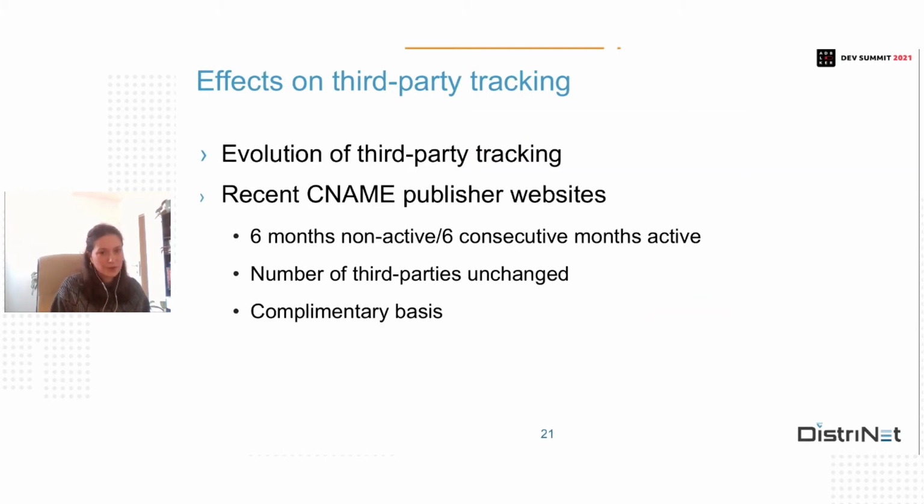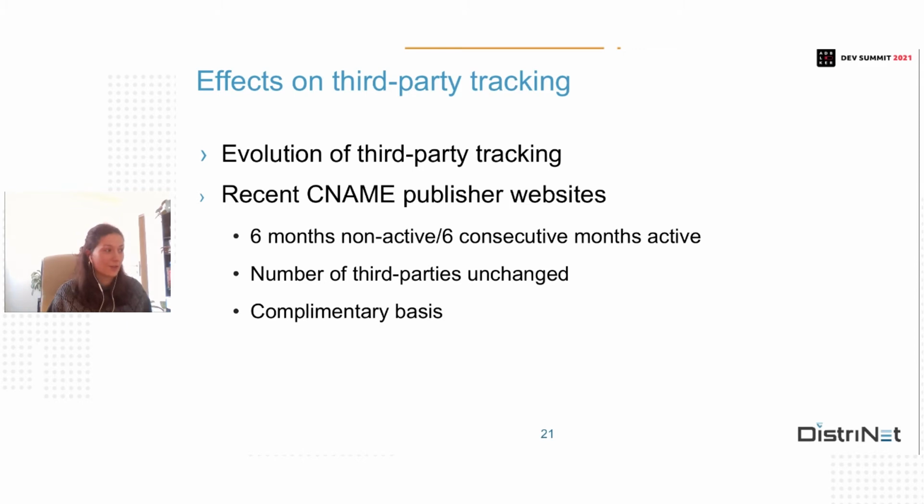We also wanted to have a look specifically at the effects on third-party tracking of CNAME-based tracking. So we looked at the evolution of third-party tracking on websites that recently became CNAME publishers. We looked specifically at websites that were for 6 months not using CNAME-based tracking, then started using it, and then used it for at least 6 more consecutive months.